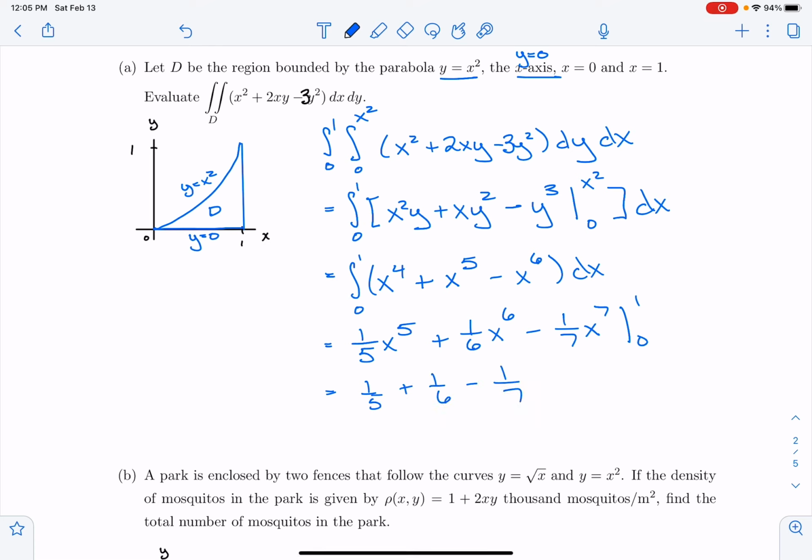If I find a common denominator, that is going to end up being 47 out of 210. So that is a double integral over a general region that's basically a type 1 region.